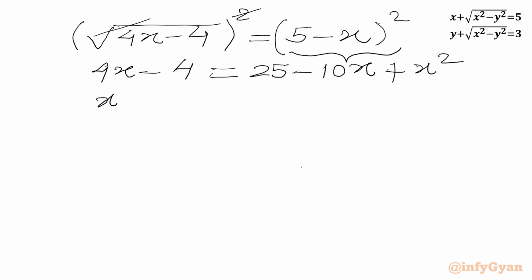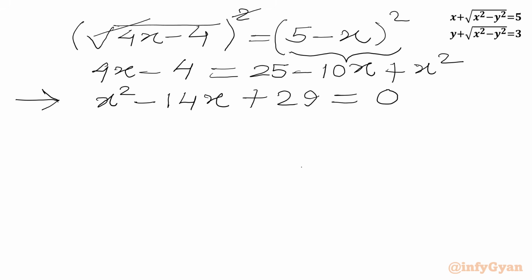Now we will take all the terms to RHS. So we will get x square minus 10x minus 4x, minus 14x, 25 plus 4, 29 equal to 0. Now we have one quadratic equation. We can use the quadratic formula. So I need to write here a value, which is the coefficient of x square, 1, b value, which is the coefficient of x, minus 14, and c will be equal to the constant 29.